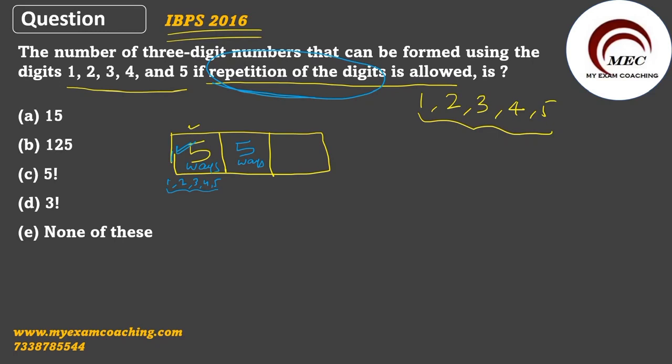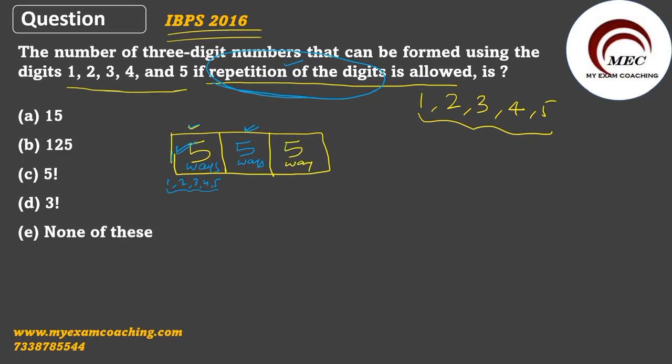Understand the concept very clearly. Since repetition is allowed, I can take any number out of these 5 in the second column also. If repetition were not allowed, once you took one number in the first column, you would have only 4 remaining, and only from those 4 you could take here. Again, repetition is allowed means in this column also I can take 5 different ways.